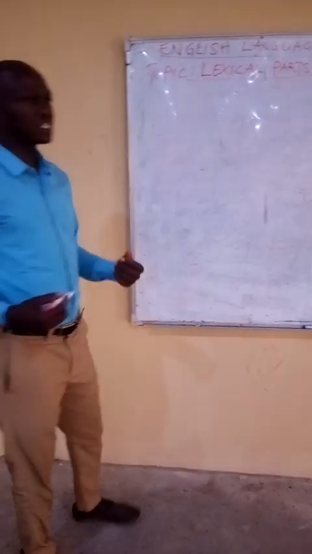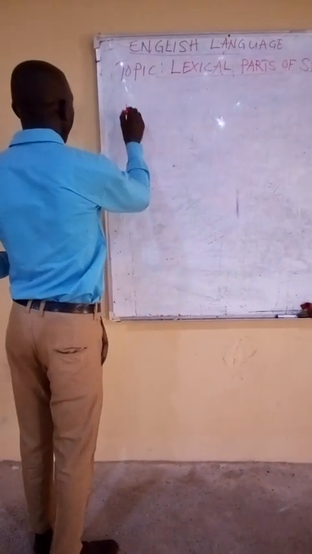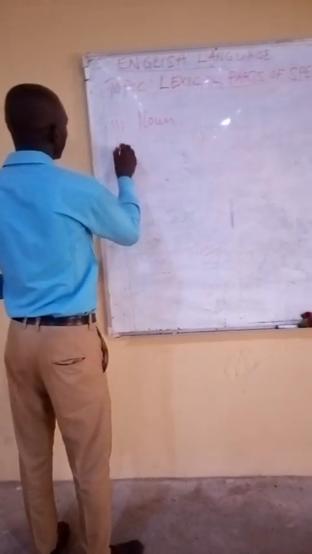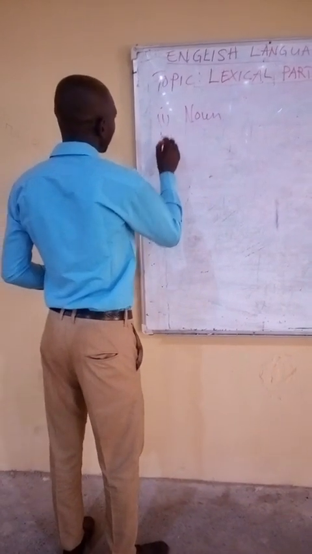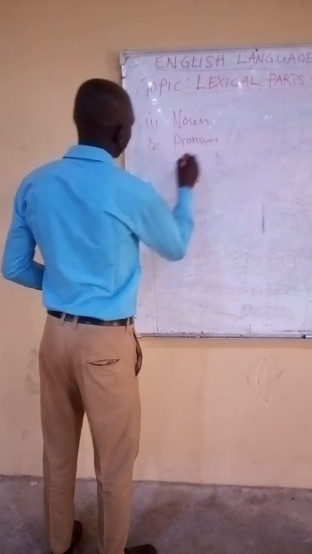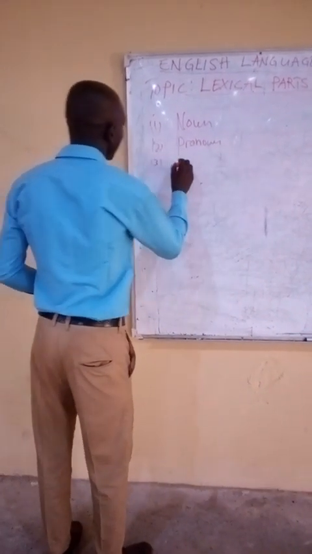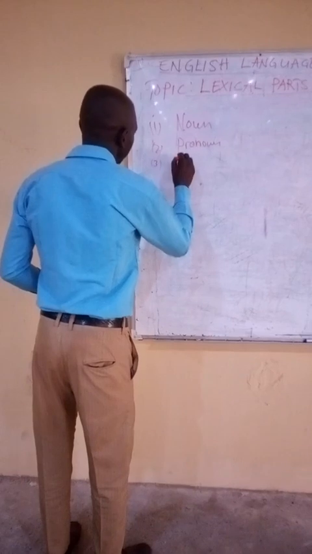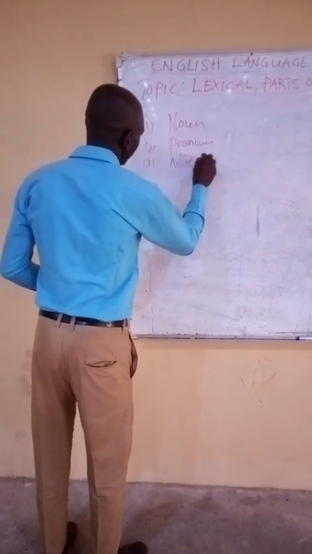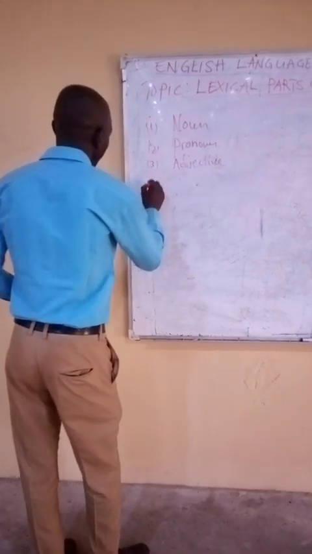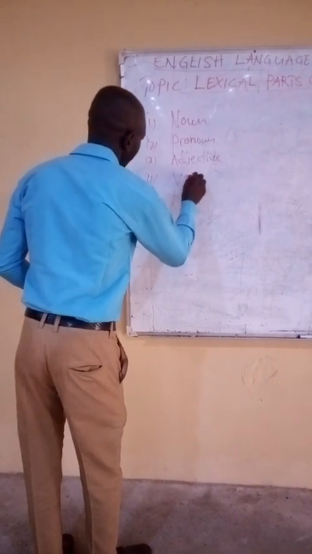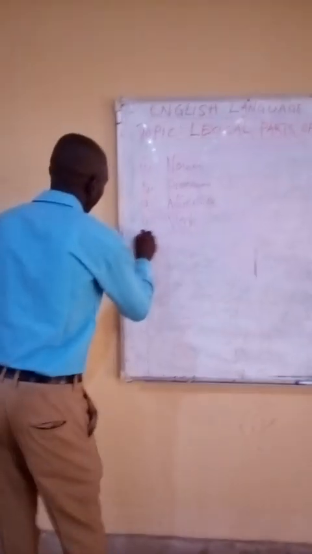The eight parts of speech in the English language are: 1. We have noun. 2. We have pronoun. 3. We have adjective. 4. We have verb. 5.